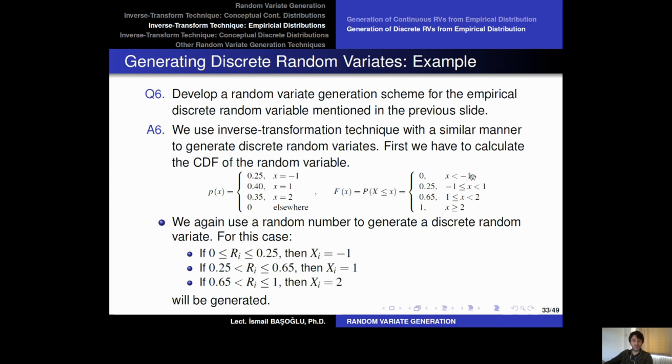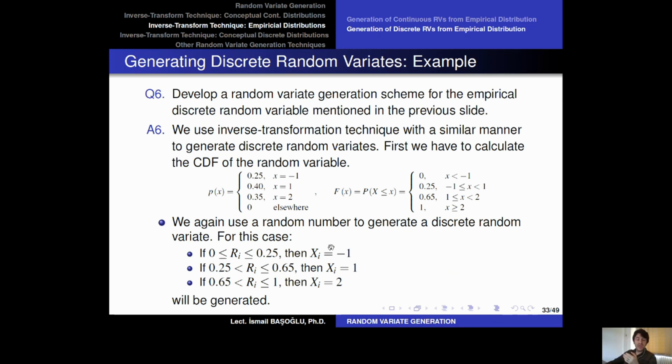We observe a jump from 0 to 0.25 at -1, a jump at 1 from 0.25 to 0.65, and a jump at 2 from 0.65 to 1. So what we are going to do is this. We are going to create three sub-intervals within the unit interval. The first interval will correspond to 0 to 0.25, the second interval from 0.25 to 0.65, and the third interval will start at 0.65 until 1.